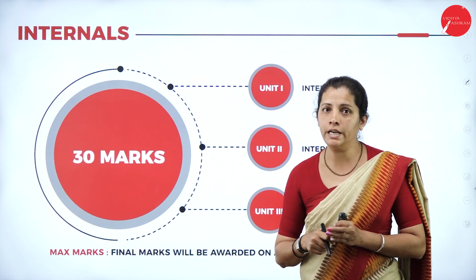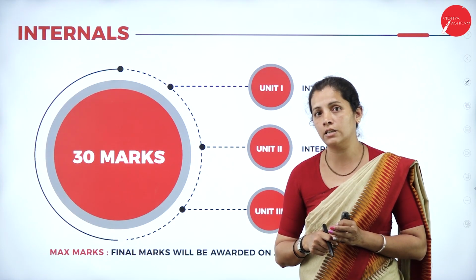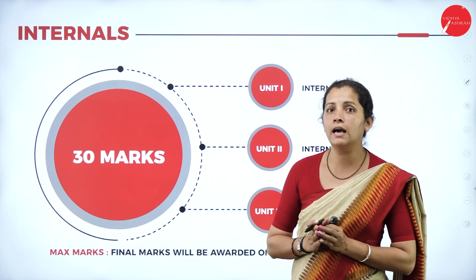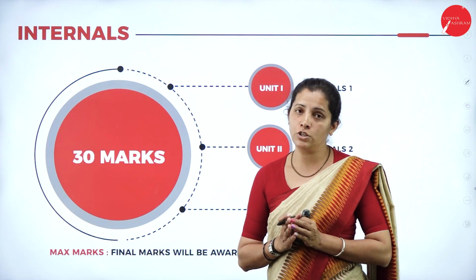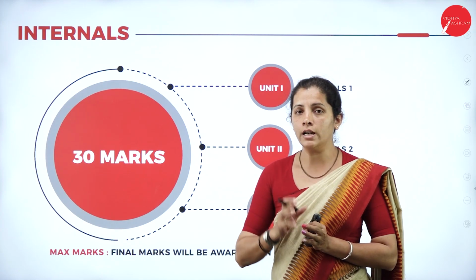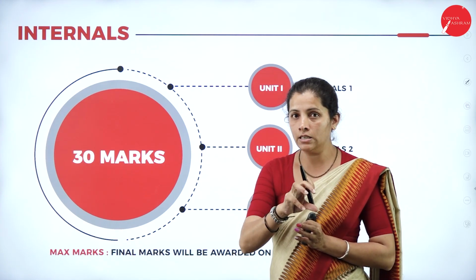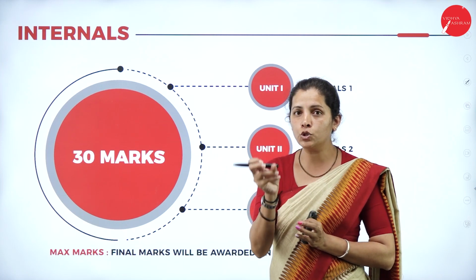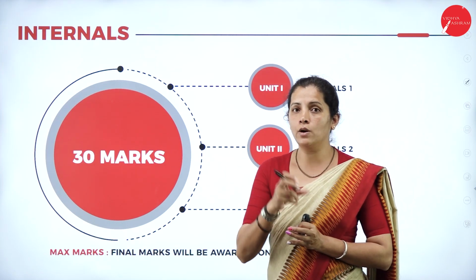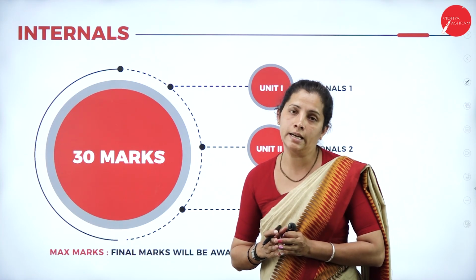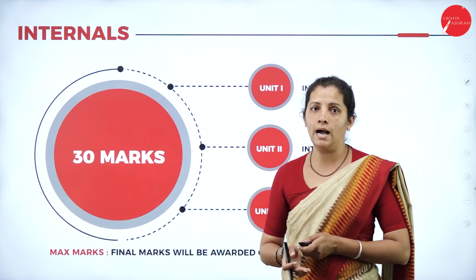The total weightage of the internals is 30 marks. While finalizing the internal marks, I'm going to consider the best of 2. I'll pick 2 internals, add those marks, and divide by 2, and whatever marks you get, that is your final marks.